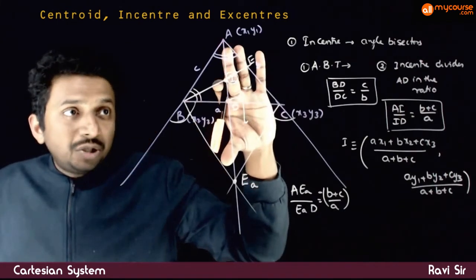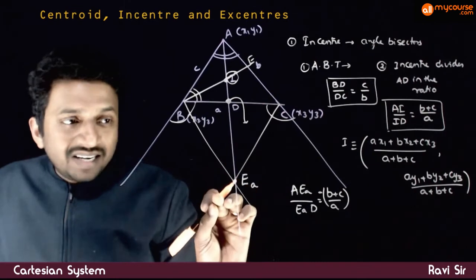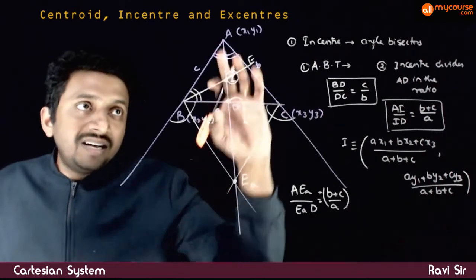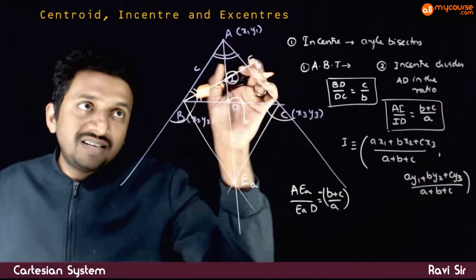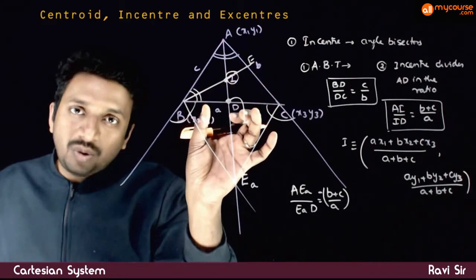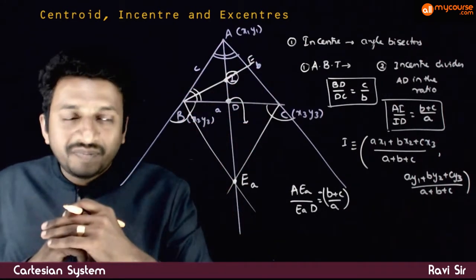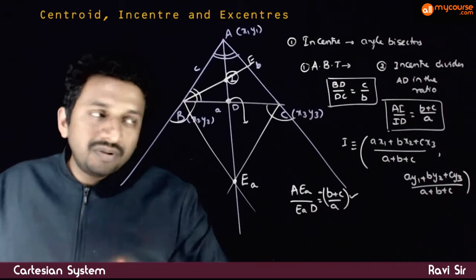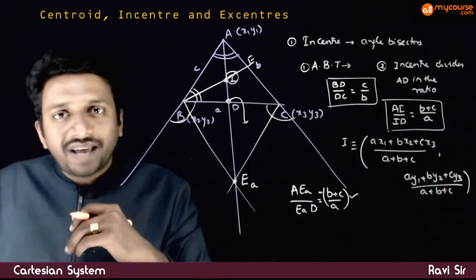So the ratio in which the excenter opposite to vertex A divides AD is again b plus c is to a, but externally. So using this ratio, you can find the coordinates of the excenter.